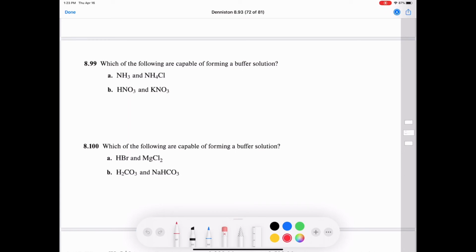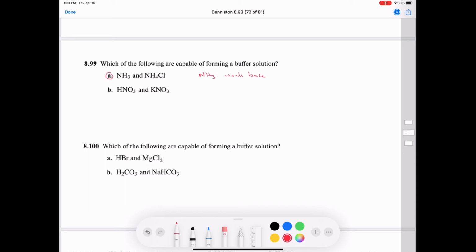Question 8.99, which of the following are capable of forming a buffer solution? If we take a look at A, we have ammonia and ammonium chloride. And I know that ammonia is a weak base. And a buffer solution has to be the combination of a weak base and its conjugate acid, or a weak acid and its conjugate base.